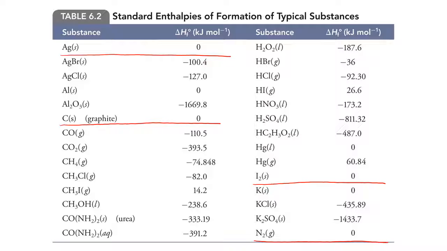That means when we take all of these elements in their standard state and combine them to make different compounds, the heat of formation will either be absorbed or released, and it can be measured. We can use these tabulated values in order to calculate the enthalpy for a reaction using the equation we saw on the last page.